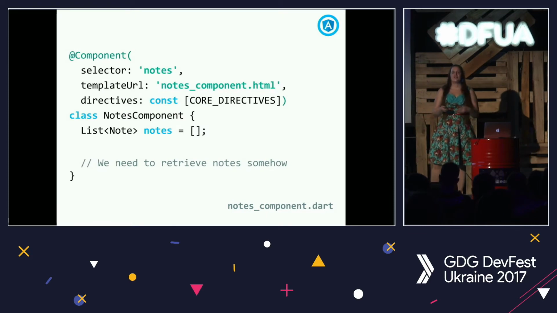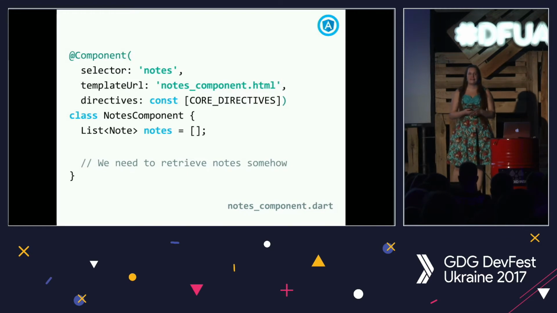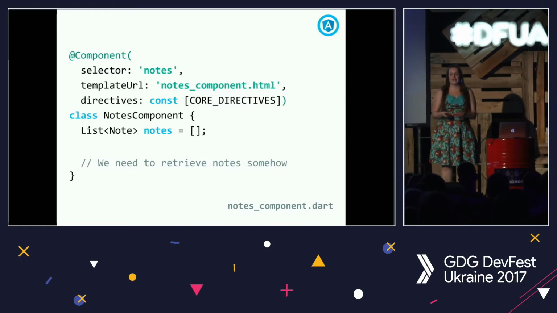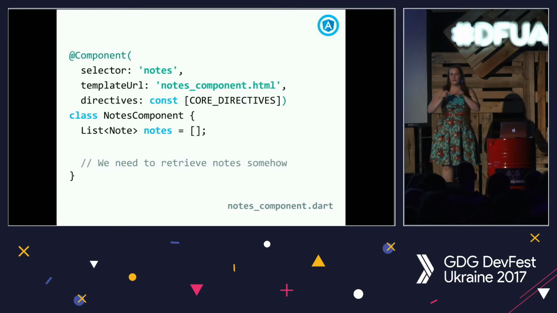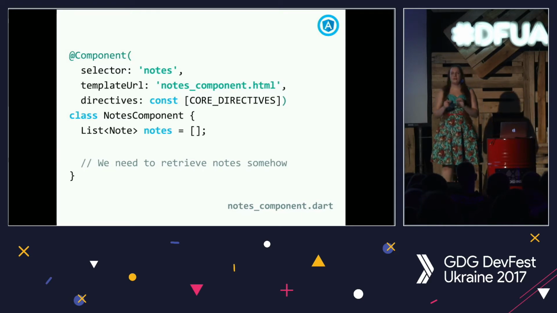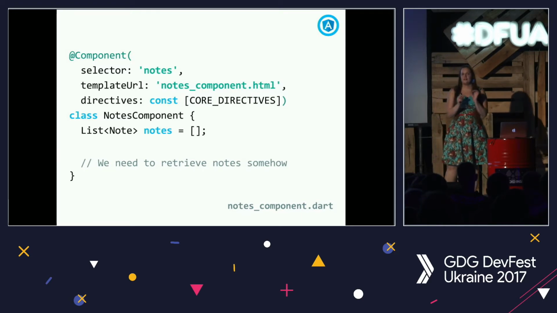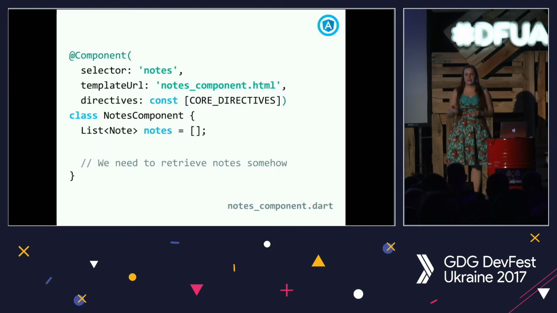Nodes, again, is a component, so it's a class with a special annotation, Component, and selector nodes. It also has a template, because we need to be able to draw those nodes into the HTML. It also has some directives. This means that I will be able to use some special things in my component to do, for example, conditions, for cycles, and so on. This is why there are core directives.